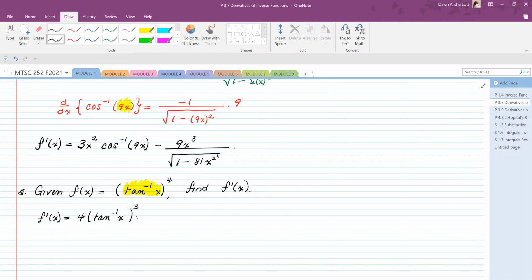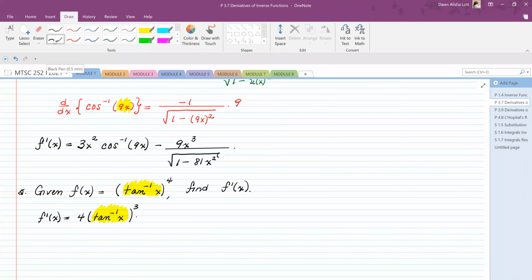That's the derivative of the outside, but then you have a gift inside. So you have to take the derivative of that as well. So we took the derivative of something to the 4th power. That becomes 4 times that thing cubed. So we did that part. Now the next part is to multiply by the derivative of tan inverse, otherwise known as arctangent.